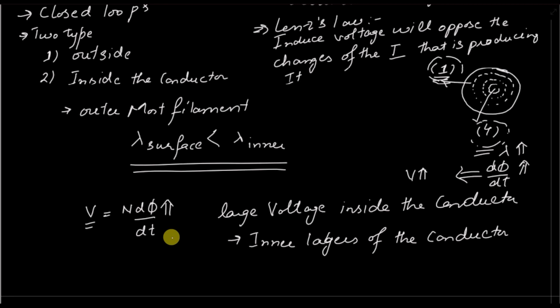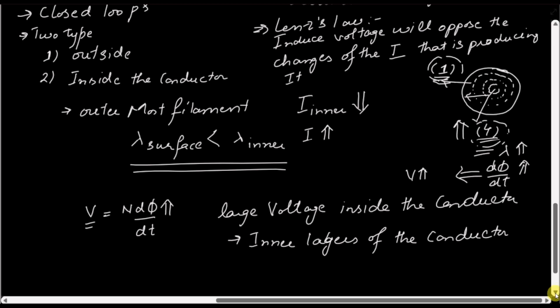As the induced voltage in layer number 4 is larger, the current in the inner layers will be smaller, and as we move towards the outer layer, the current will increase, right? So this is the basic concept of skin effect.